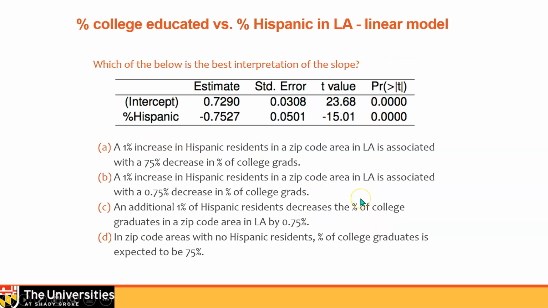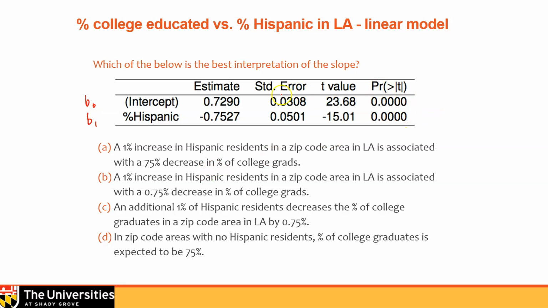We can take a look at that more closely. When we run a linear model, we get an estimate of our intercept and our slope. This is the slope.